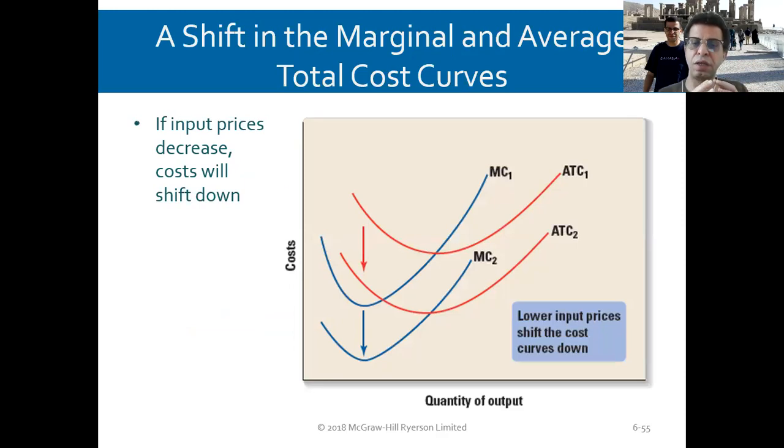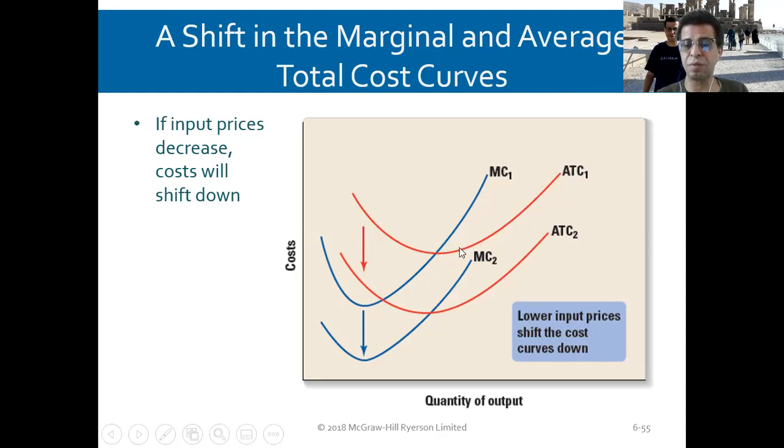So a shift in the marginal and average total cost. If the input prices decrease, the cost will shift down. Basically, we said if there is technology improvement or the prices of input go down, what will happen? The average total cost will be shifting out because your cost is lower.